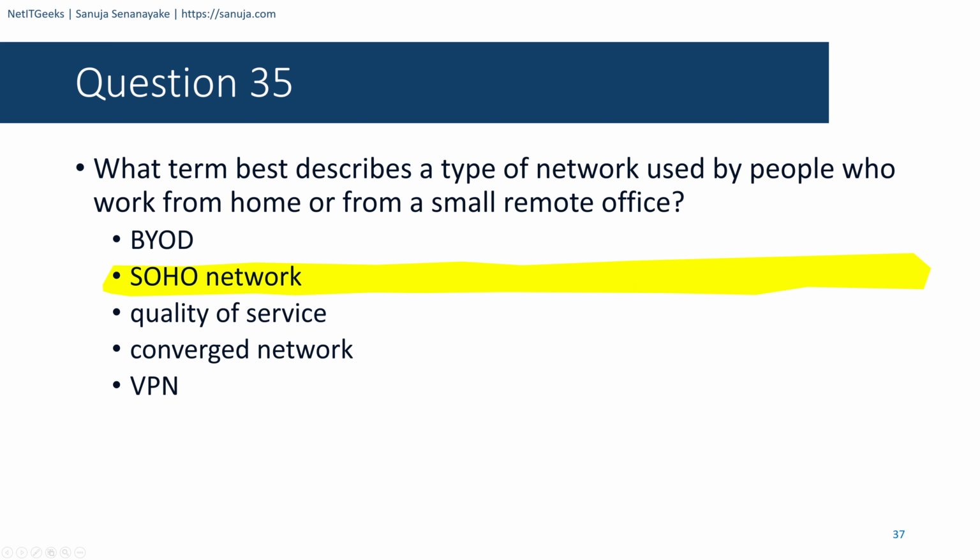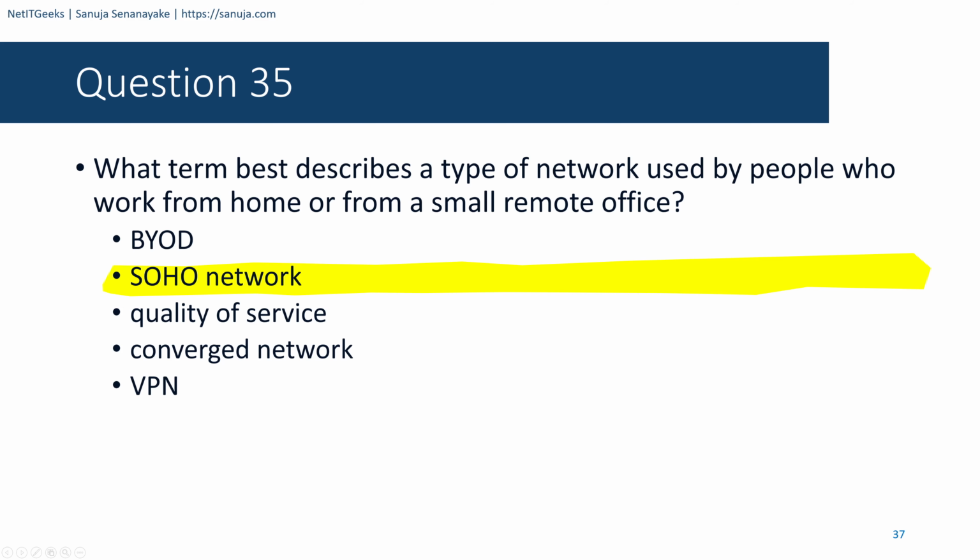So the answer to question number 35 is SOHO network, because the VPN gets eliminated, because we are not talking about any secure network, somebody who is remotely working connecting to their office network. So it's not VPN, it's SOHO.